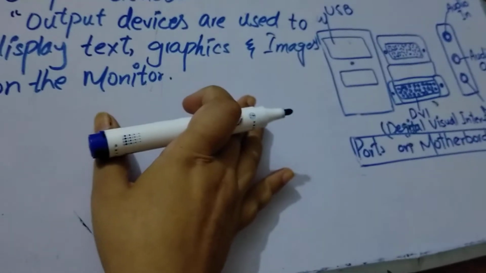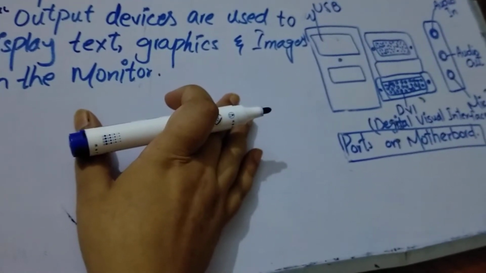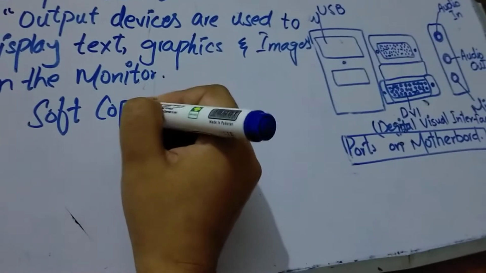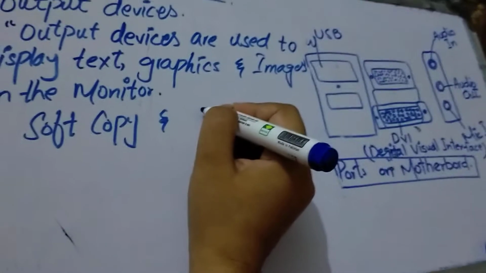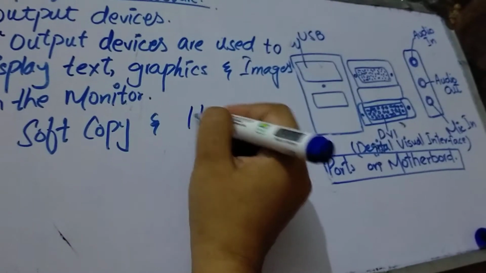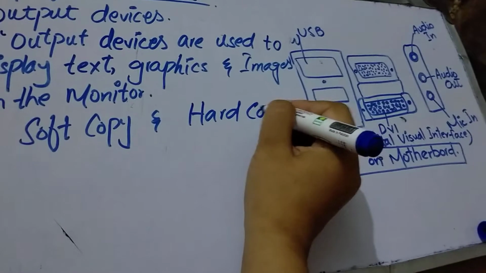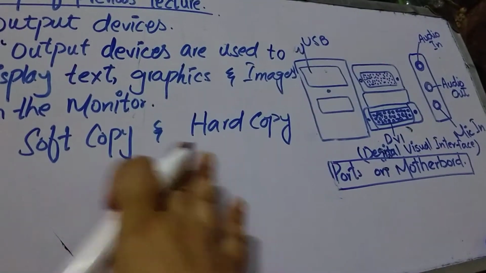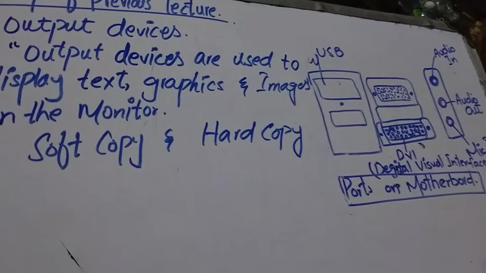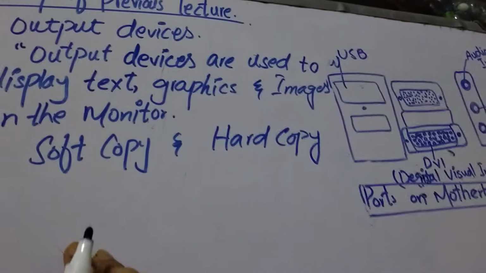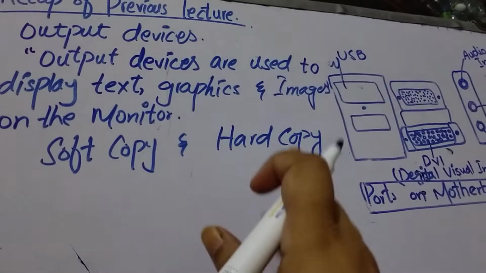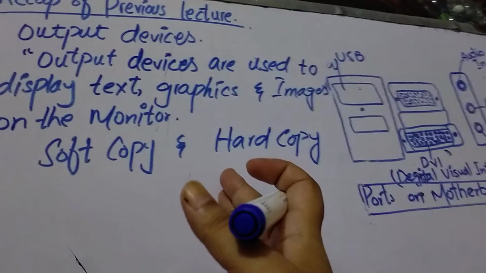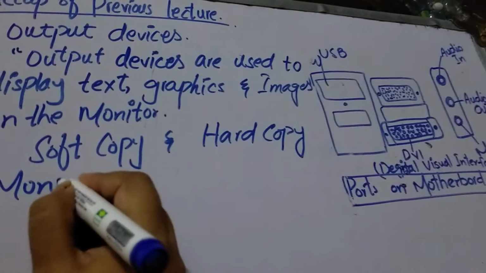There were two types of information. The first was soft copy and second was hard copy. What was the soft copy and what was the hard copy? Soft copy is information displayed on monitor, and information displayed on a paper is called hard copy.